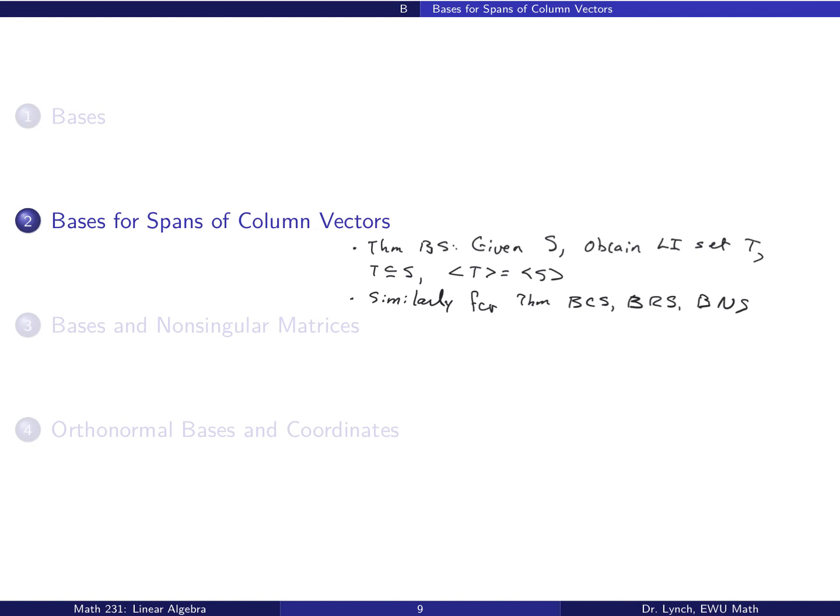And this is also true for theorem BCS, which is just an application of theorem BS to the columns of a matrix. We know that the basis of a row space and the basis of a null space also give us a linearly independent spanning set. So those theorems are actually giving us a basis for those subspaces.